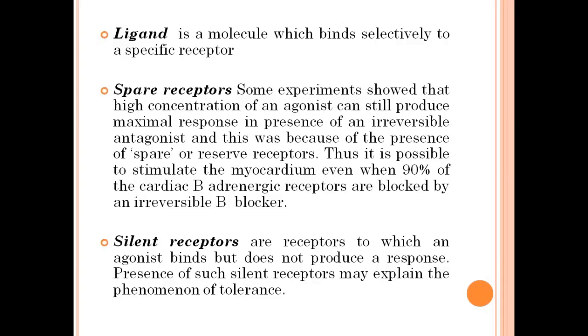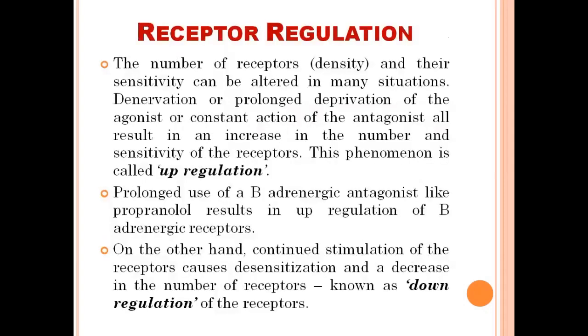That happens when the drug is binding to a silent receptor. So only the binding action happens, but it does not produce any response. So these two receptor types are important for you to know, that is spare receptors and silent receptors.